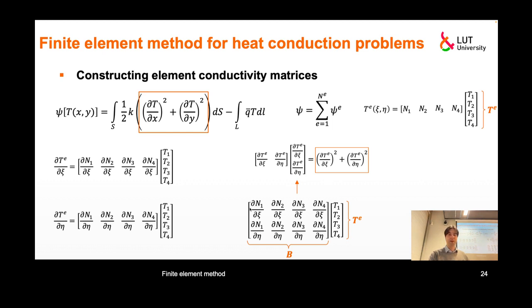So if I compose this matrix consisting of partial derivatives of shape functions with respect to local coordinates, the first row is partial derivatives with respect to psi, our first local variable, and the second row is partial derivatives with respect to eta, our second local variable.